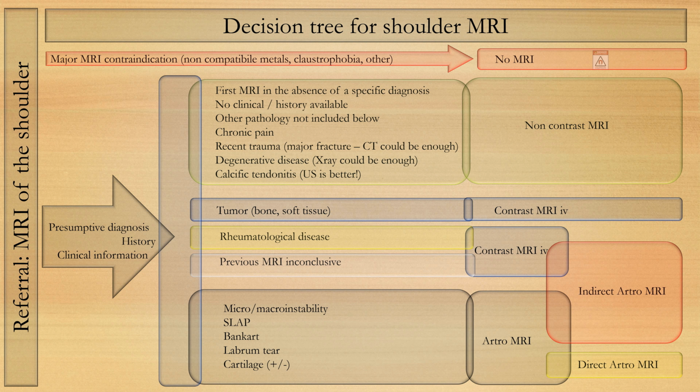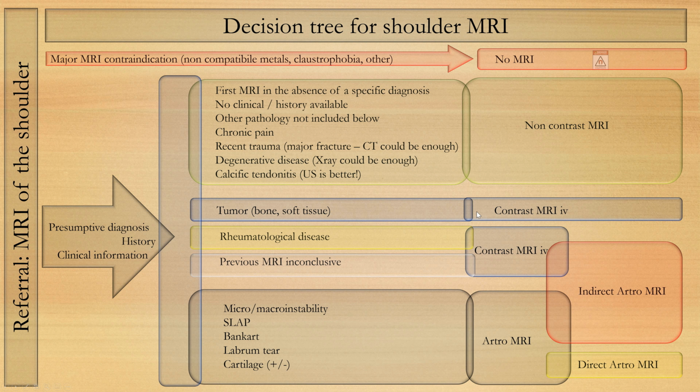If the patient has no contraindication for MRI, then we take into account the presumptive diagnosis, the history, the clinical information, and of course the referral, and we decide what kind of MRI the patient needs.